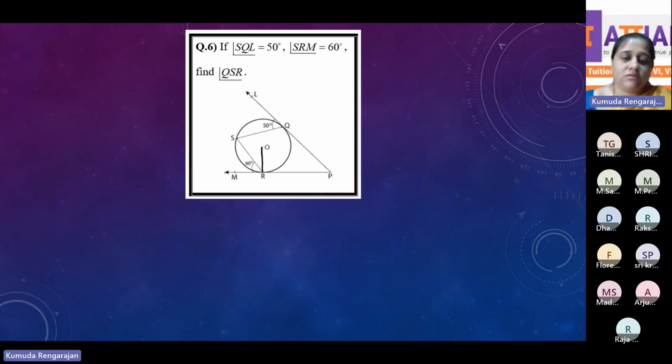So join. First step, 90, 90. Then 30, 40. Isosceles triangle, base angles equal 30. Same thing here, radius, isosceles triangle, base angles equal 40. 30 plus 40, 70 is angle QS.